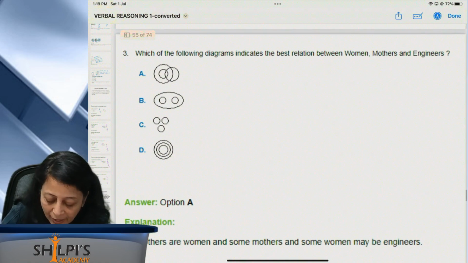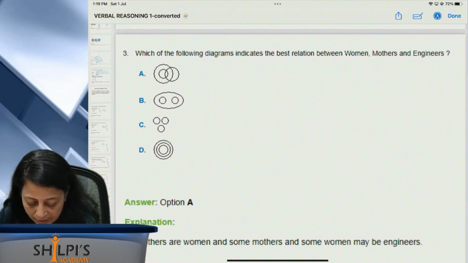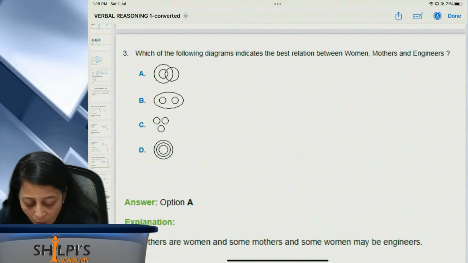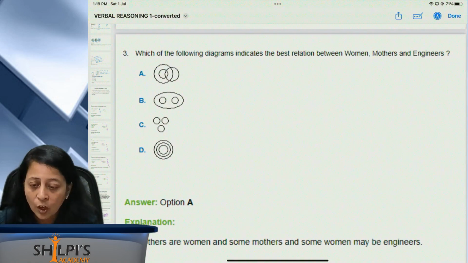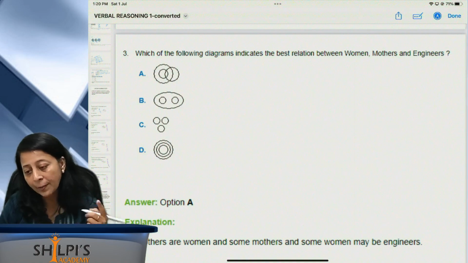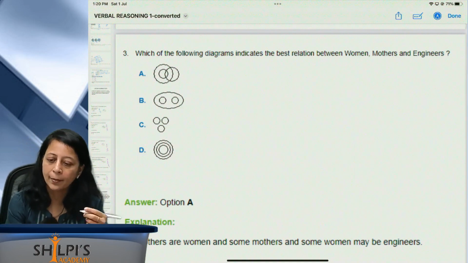Which of the following diagrams indicates the best relation between women, mothers and engineers? Women, mothers and engineers. All the mothers are women. We cannot accept that all the women are mothers. Mothers means female, so all the mothers are women.